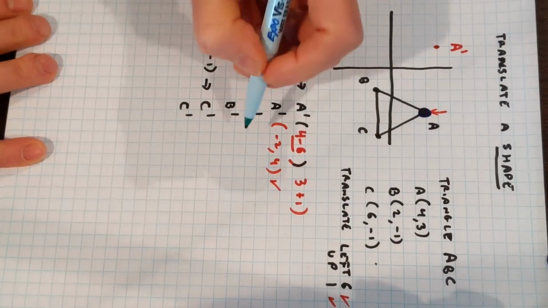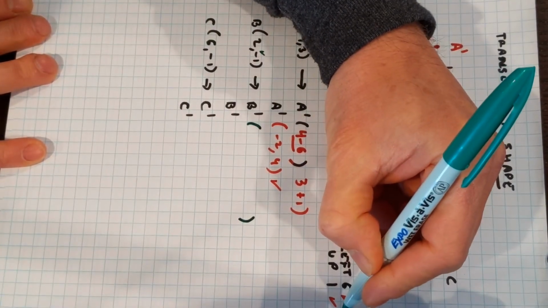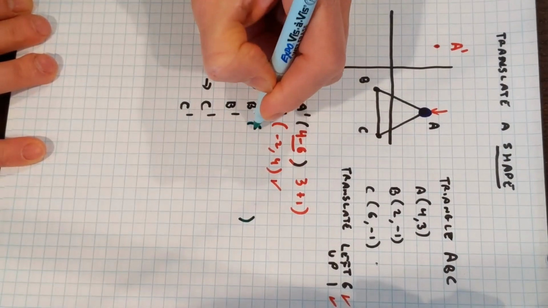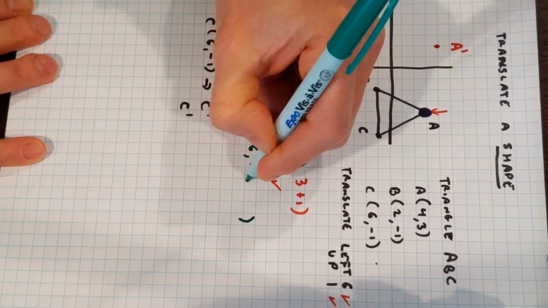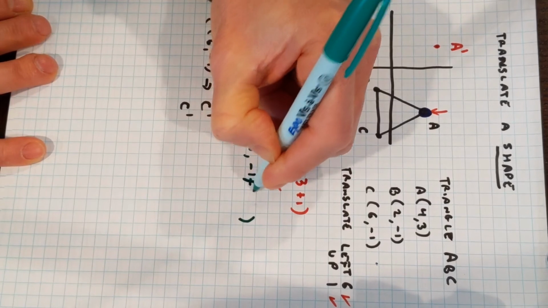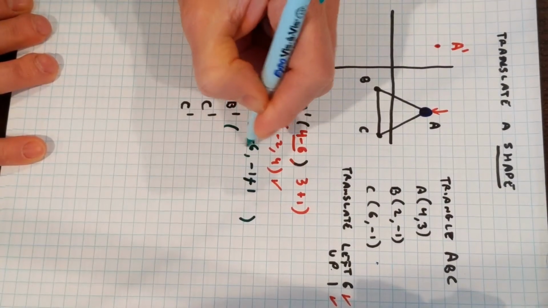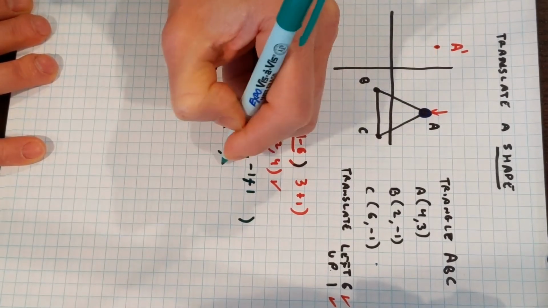And I'm going to translate it. Now, if I don't have my graph paper, I'm just going to use the subtract 6 for the x and add 1 to the y. So 2 subtract 6, and -1 plus the 1, because I'm adding up 1. New point: 2 subtract 6 is -4, -1 plus 1 is 0.